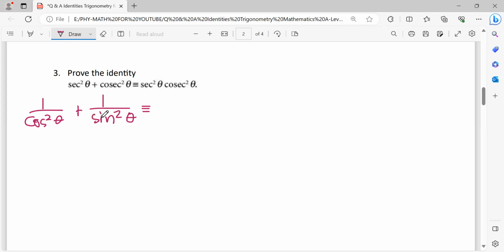Equivalent. So multiply sine theta squared times 1, cos theta squared times 1.